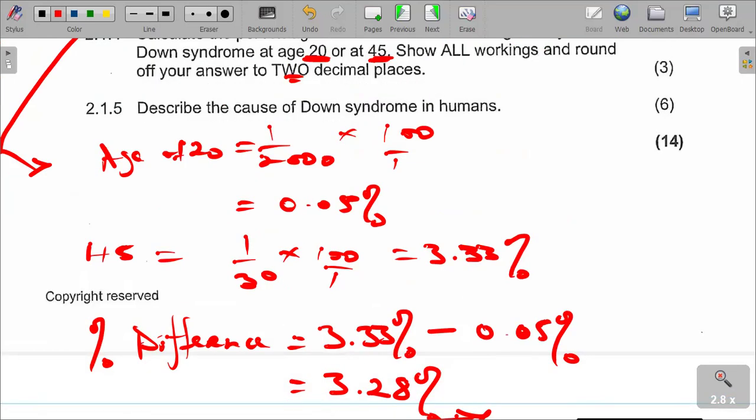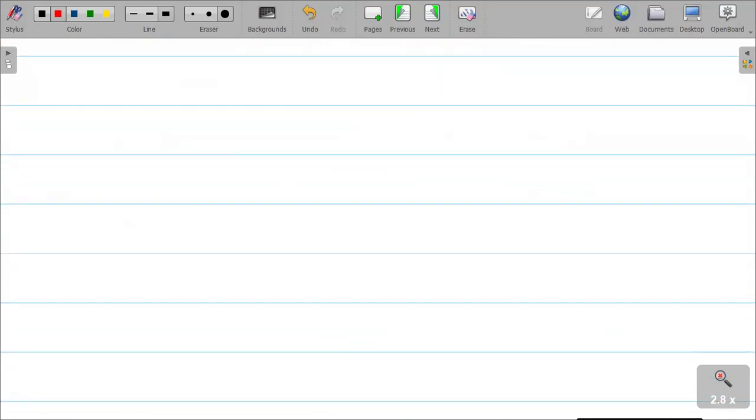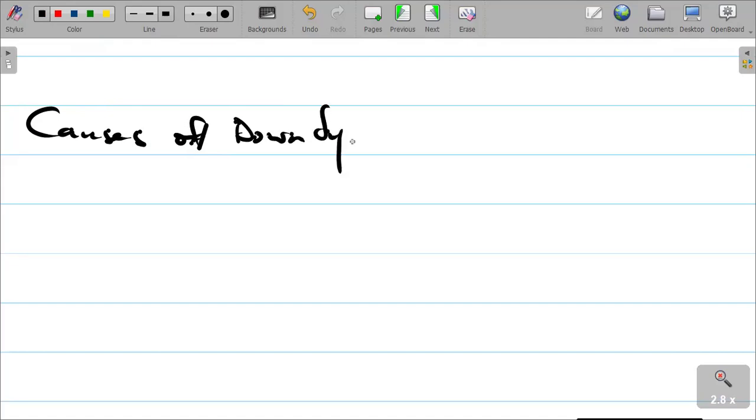Describe the cause of Down syndrome in humans. What causes Down syndrome? This is a disorder caused by non-separation, or non-disjunction, of chromosomes during meiosis.